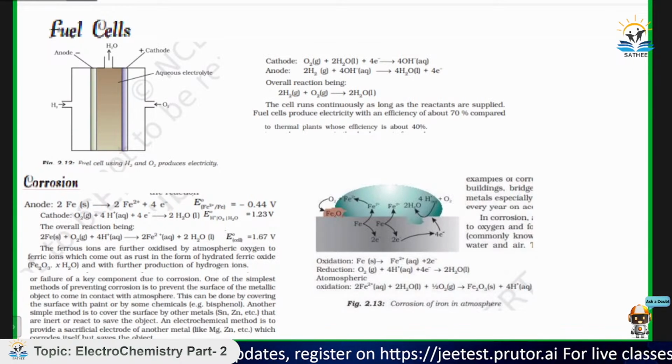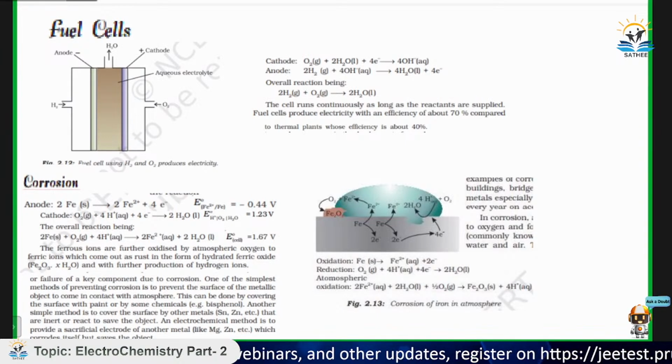Corrosion is a very broad word. Rusting is just the rusting of iron. Corrosion is very broad, but we're not going to get into it. Atmospheric corrosion is an example of your electrochemical reactions. See the figure: oxidation is your Fe oxidizing into Fe plus 2. Reduction is your O2 reducing into H2O.